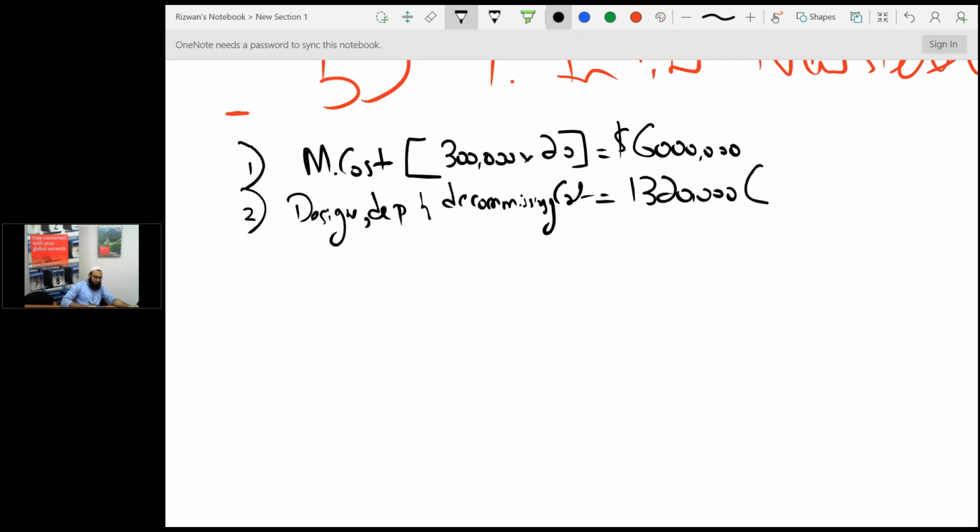So it's just simple. You need to just add these three costs. It's 800,000 plus 500,000 plus 20,000 decommissioning. So this is the total of the design, depreciation, and decommissioning cost.